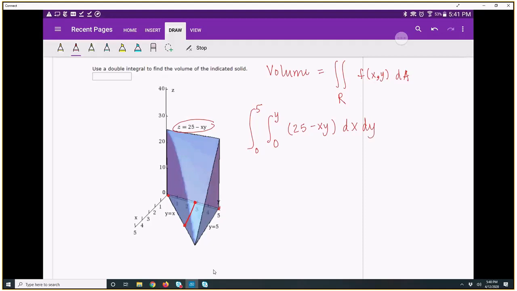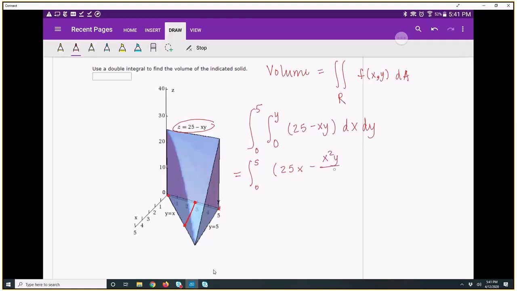Okay, so we're first going to integrate with respect to x, which means I'm treating y as a constant. So this will be integration from 0 to 5, of 25x minus x squared y over 2.